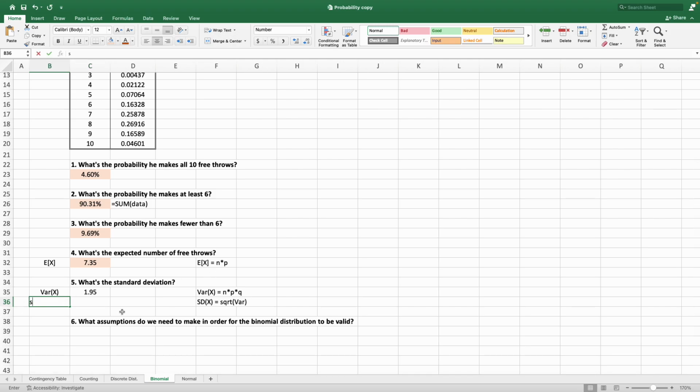But we wanted the standard deviation, which is the square root, so I'm going to say equals SQRT, open parenthesis, click on the variance, close the parenthesis, enter. And I get 1.4.